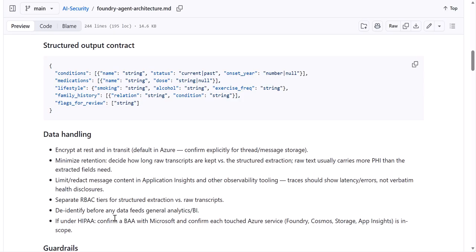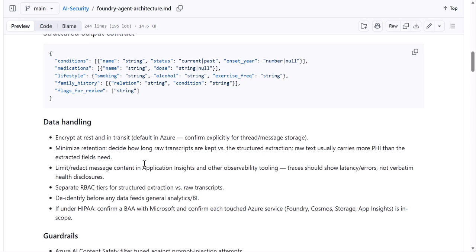So here, encrypt data at rest and data in transit. And minimize the retention: decide how long raw transcripts are kept versus structured extraction. Data retention is a basic principle of cybersecurity. And keep separate storage tiers for the structured extraction and the raw transcripts.